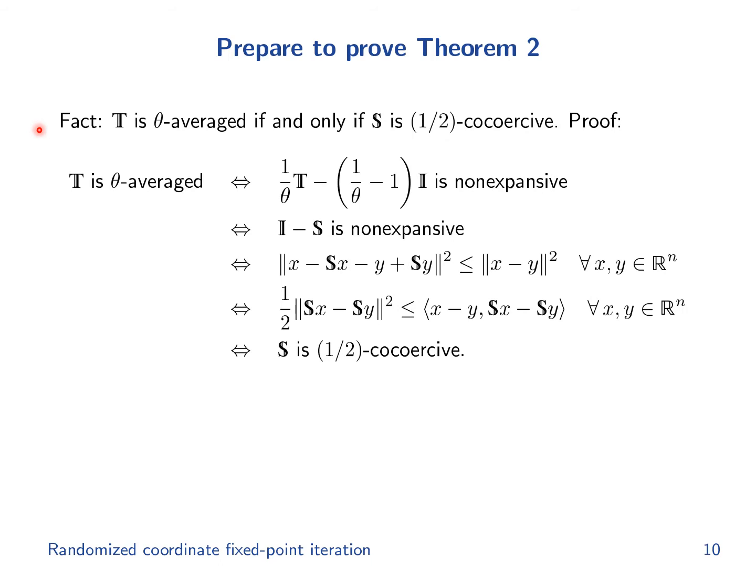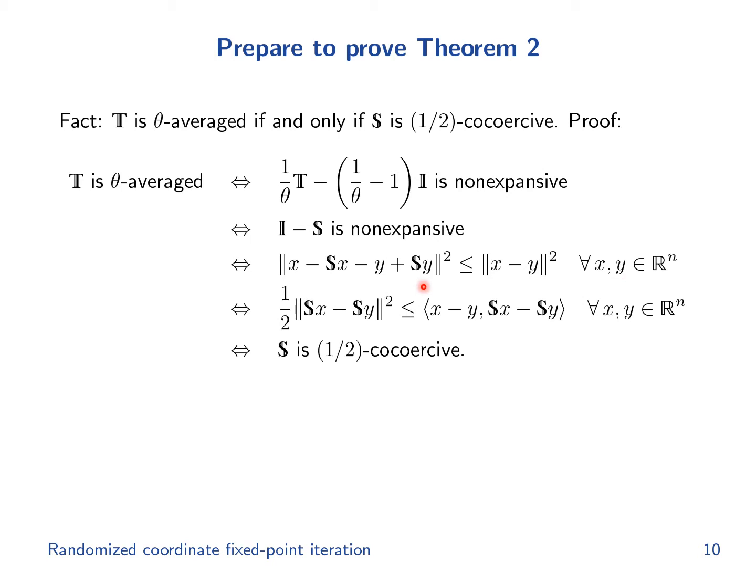The next preparation is the fact that T is theta averaged if and only if S is half coercive. The proof is very simple. By definition, T is theta averaged if and only if this operator is non-expansive, and this operator is identity minus theta S by the definition of S. Then using the definition of non-expansiveness, we write out this inequality, which must hold for all x and y in Rn.